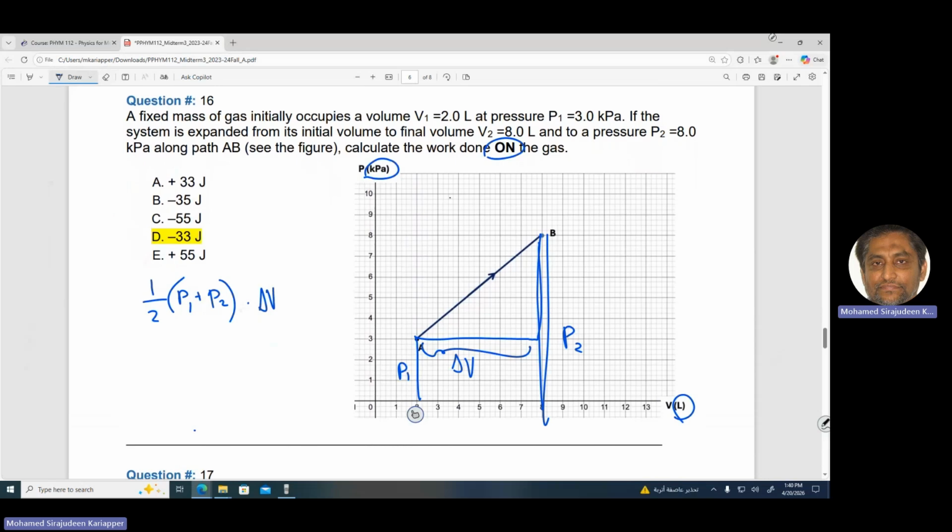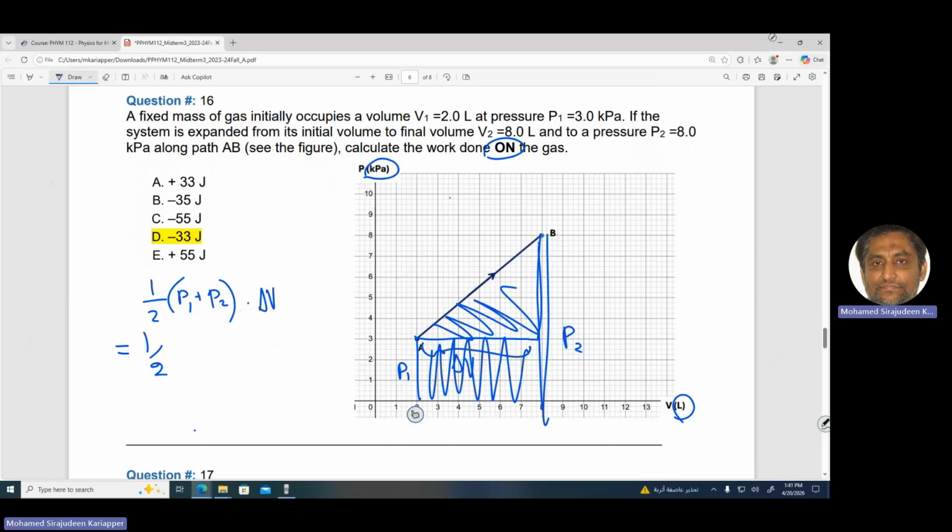Or you can find this area separately, a triangle, and this area separately, a rectangle, and it will be the same. I can also say it is equal to half, you know how to find the triangle area?